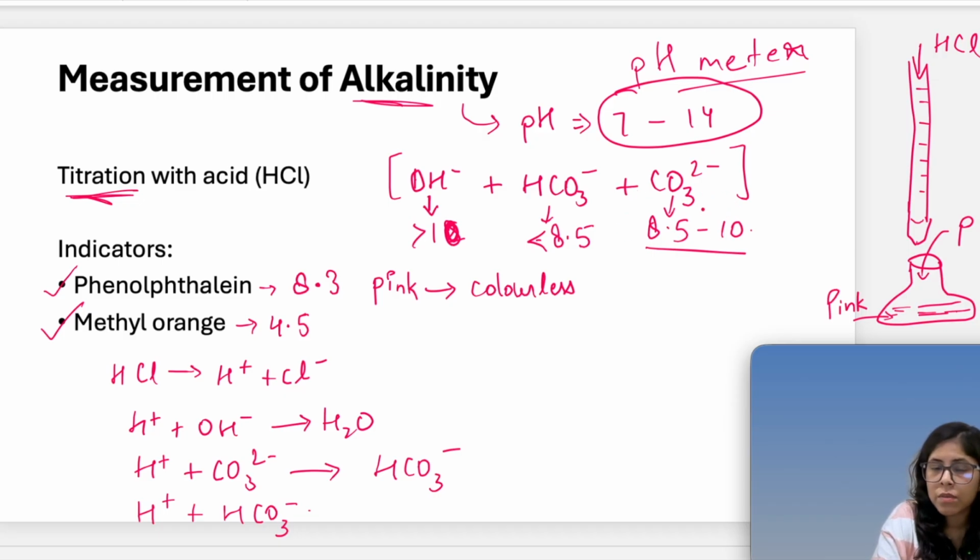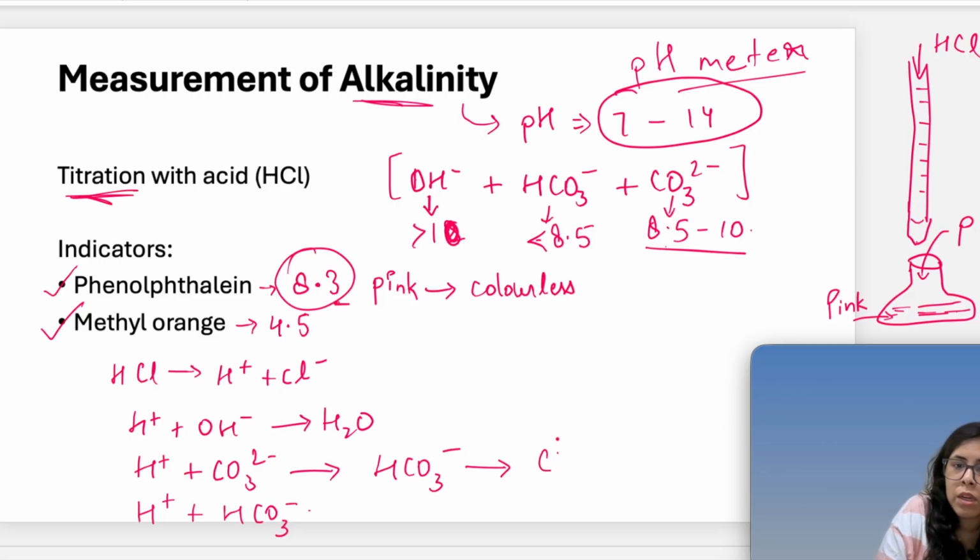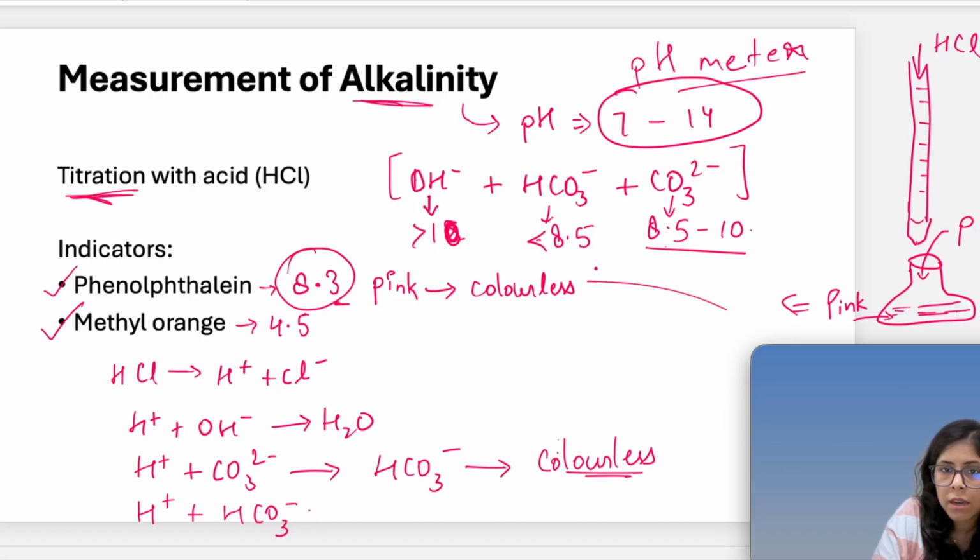Carbonate neutralization will happen, and when the pH of the water drops to 8.3, the color will suddenly become colorless, right? So it has become pink to colorless.